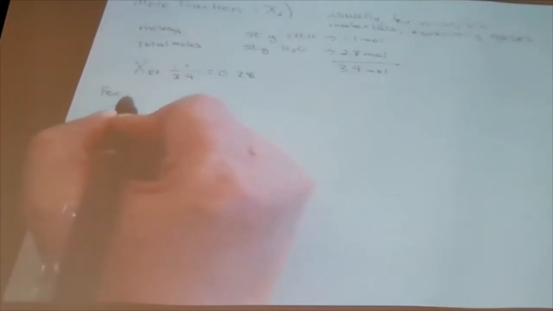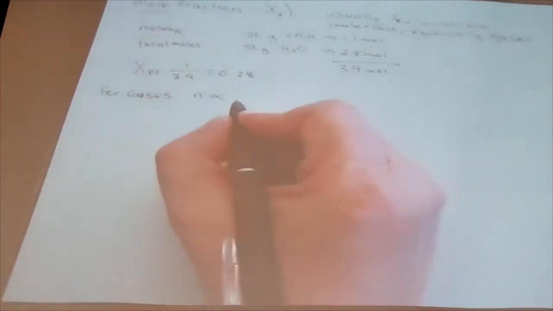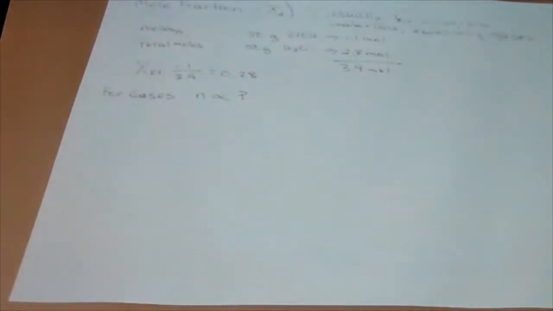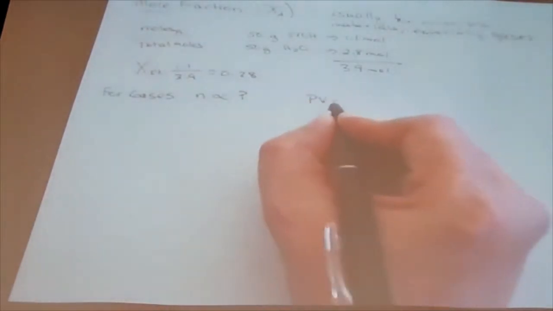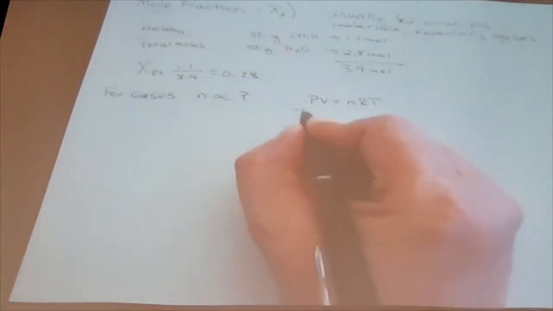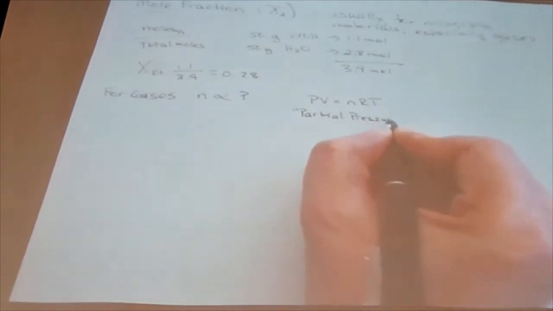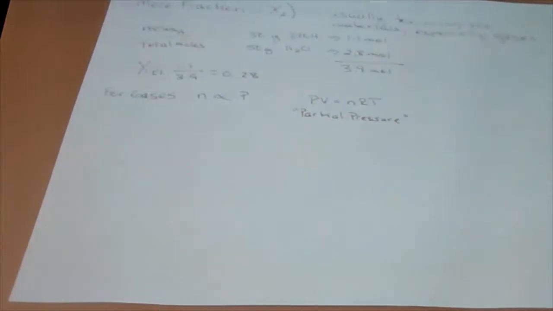For gases, moles, so remember n is moles, is proportional to pressure. Okay, so remember from PV equals nRT, if I increase the number of moles, I'm going to increase the pressure. Okay, and so I can talk about the partial pressure, which is the part of the pressure of that gas that is attributed only to a particular chemical.